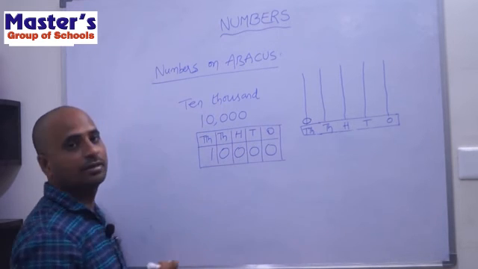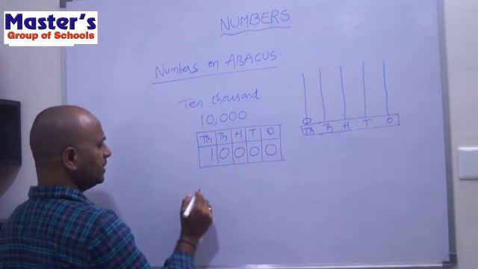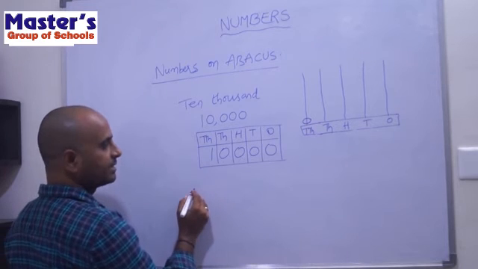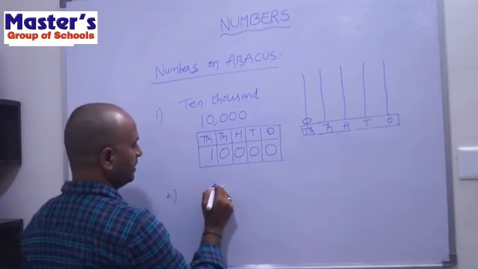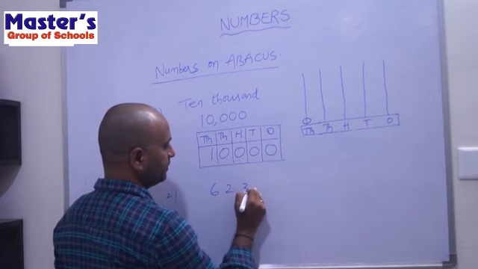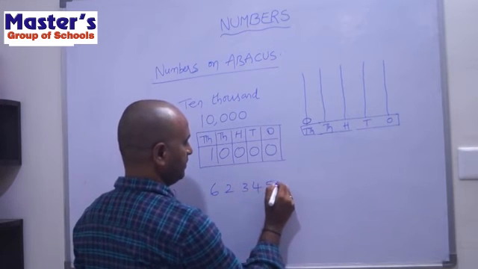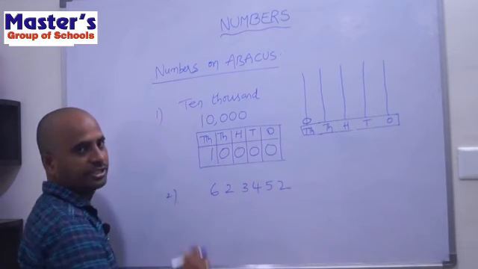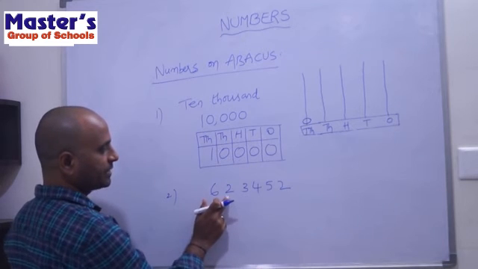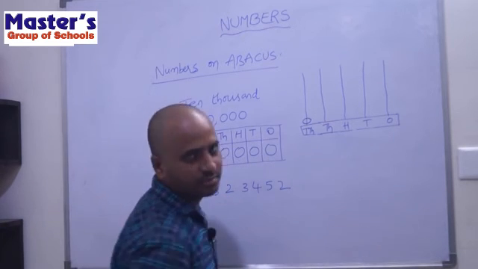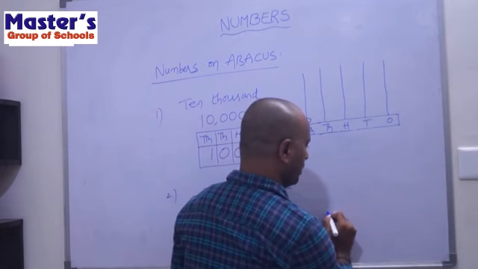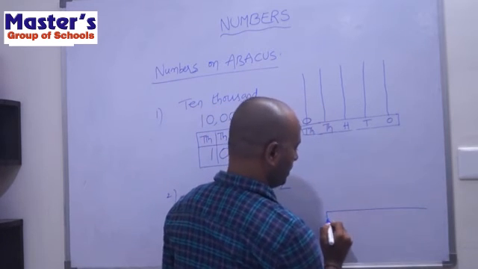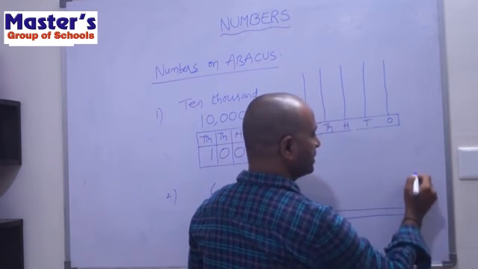Now let us take another example. Take a 6-digit number like this. So how to represent this number on the abacus? There are 6 digits, so on the abacus take 6 sticks.